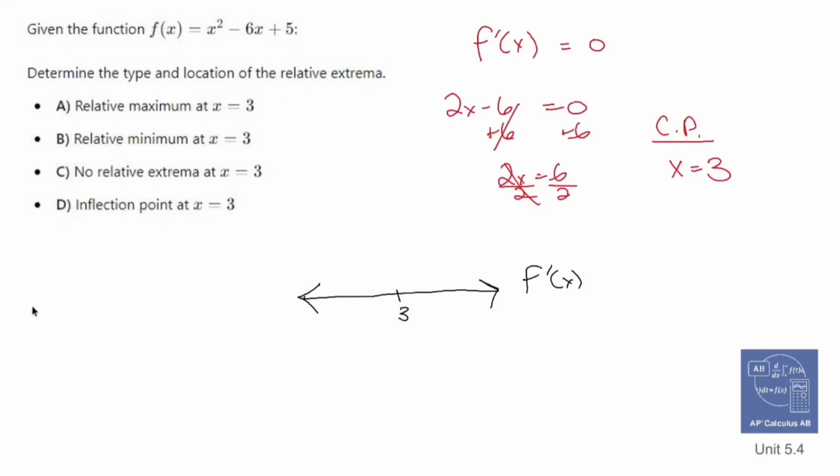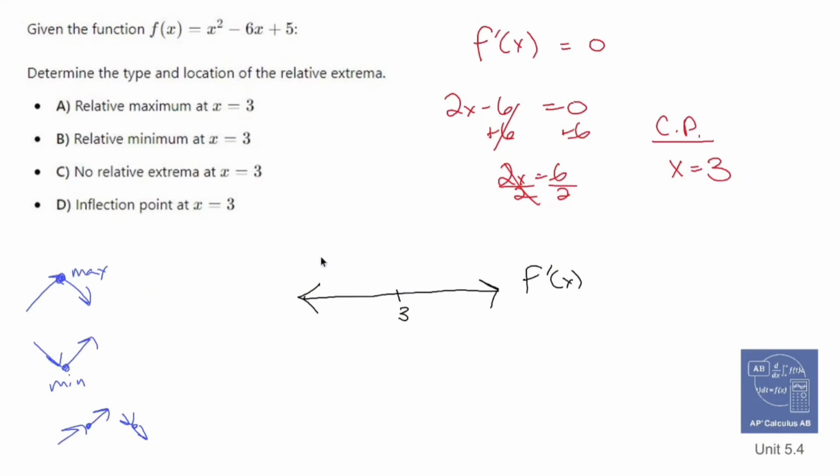If I go from increasing to decreasing, I have myself a relative maximum. If I go from decreasing to increasing, I have myself a relative minimum. And if I go from increasing to increasing or decreasing to decreasing, I have myself a neither. None of these are going to be inflection points. That's the second derivative. We'll get there.